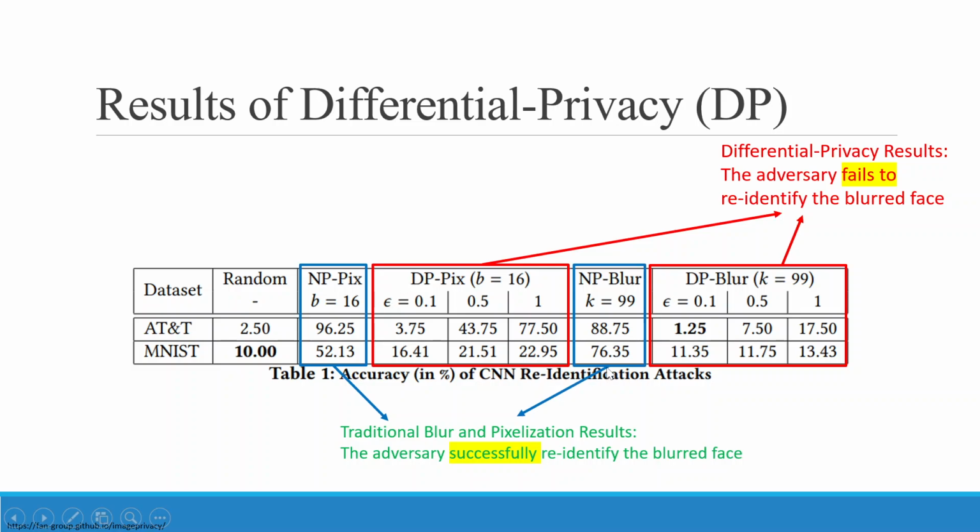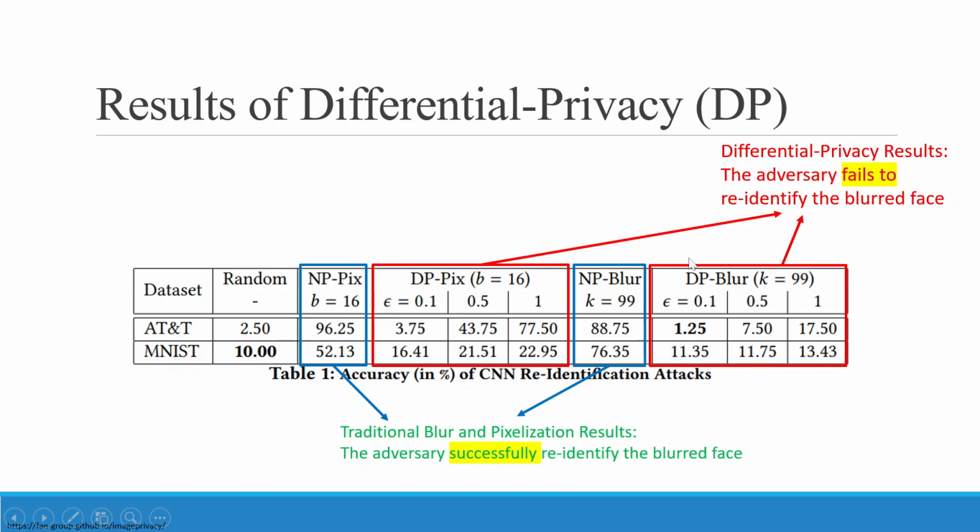And for the blurring case, it is the NP blur. It means no differential privacy. So you can also see the machine learning based attack also has a very high accuracy result.